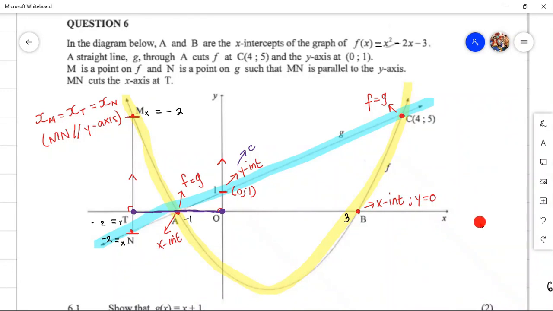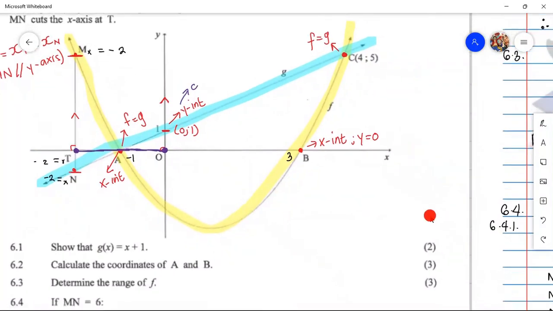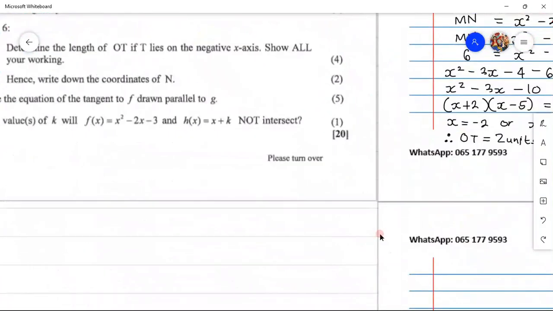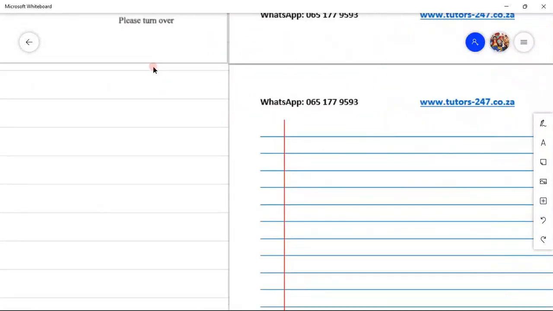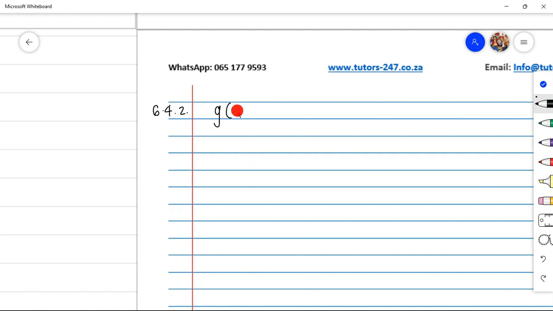So, our function G or our equation of G is y equals x plus 1. So let us substitute x as -2. So question 6.4.2, we are going to find g of -2.